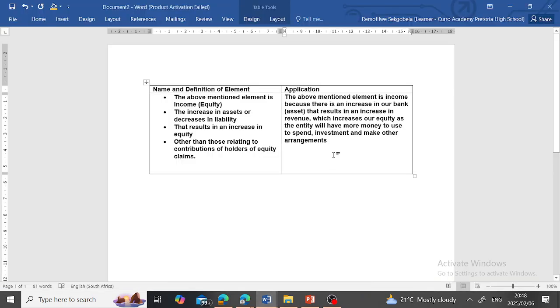And then when they say other than those relating to contributions, what are they referring to? This is income as there was no direct contribution by a shareholder, but rather a customer paying.